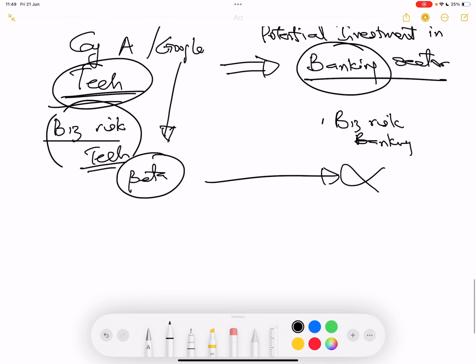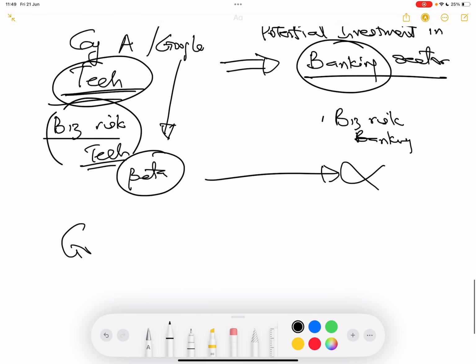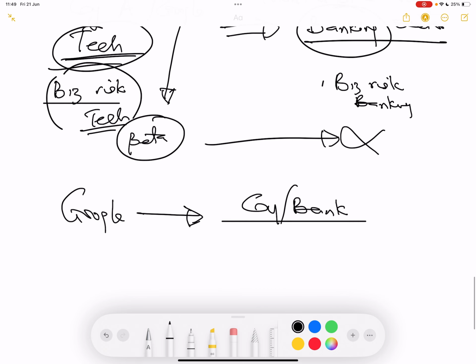And what do you have to do? It means that Google will need to go look for a company, maybe a bank that is already playing in the banking sector that Google wants to go into, and get the asset beta.